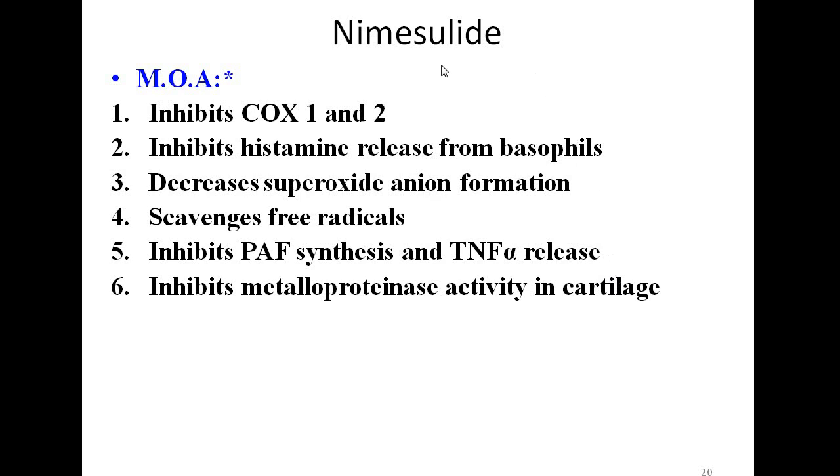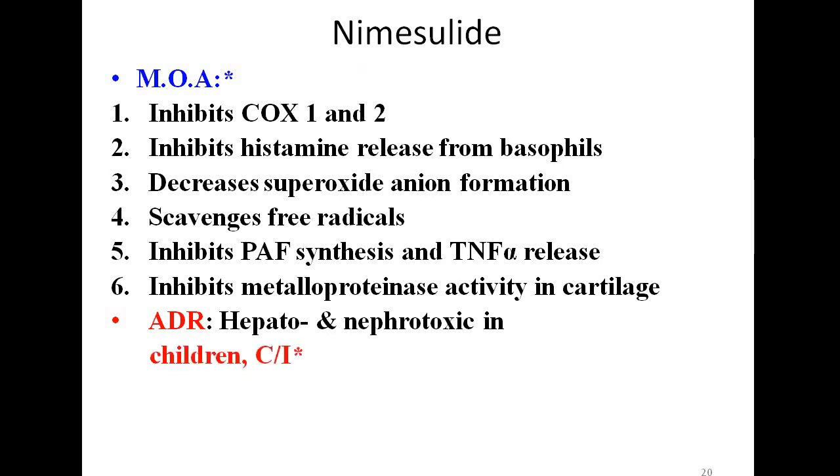So compared to aspirin, Nimesulide has multiple mechanisms of action, and you can notice that almost all the inflammatory processes are decreased. A point to note about the adverse effects of Nimesulide is it is hepatotoxic and nephrotoxic in children. Therefore, Nimesulide should not be used in children.